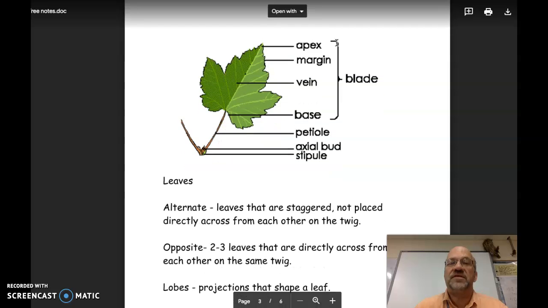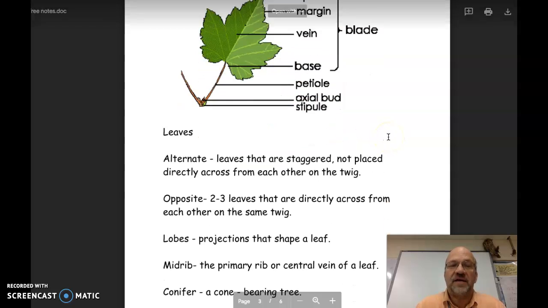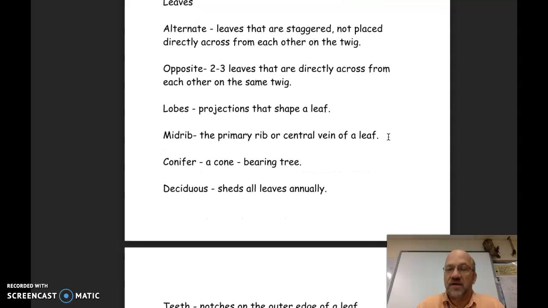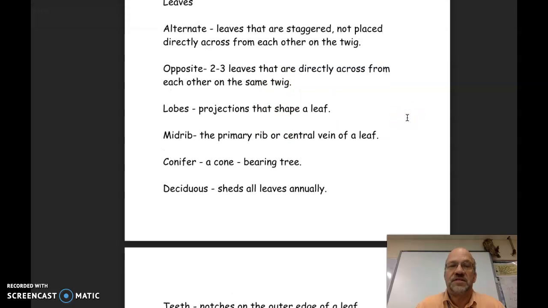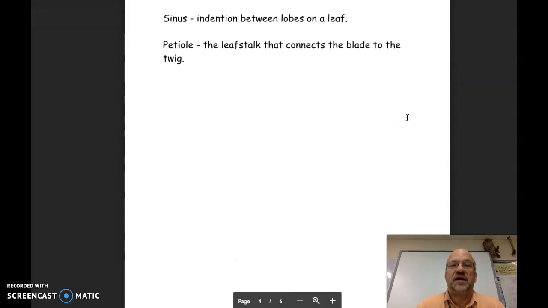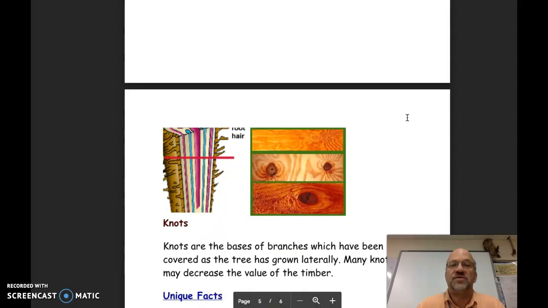Then we have the leaf itself, and this shows the parts of the leaf and what each one is. You can take a look at that. And here are some things that show alternate types of leaves, opposite leaves. You can see this on trees outside of your house.